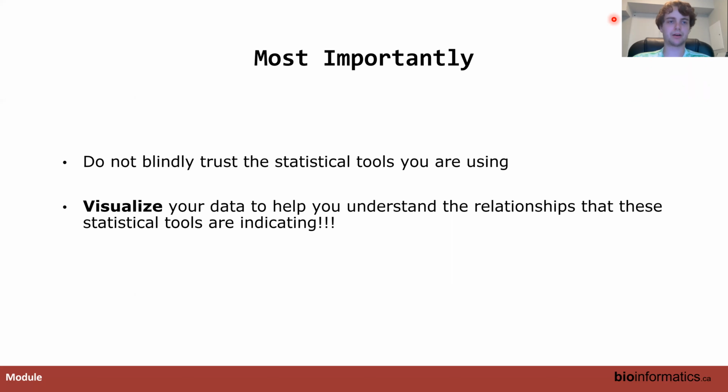This will give you a much better idea of what exactly is going on in your data. There are a number of different visualization techniques. One that I commonly use is the programming language R. However, QIIME 2 also has a number of different visualization tools that can be used to inspect your microbiome data.